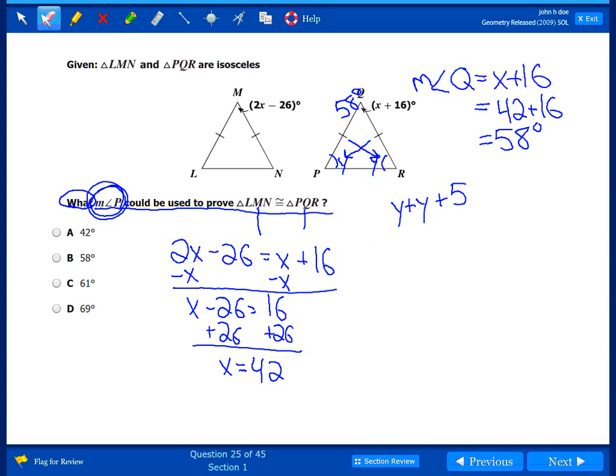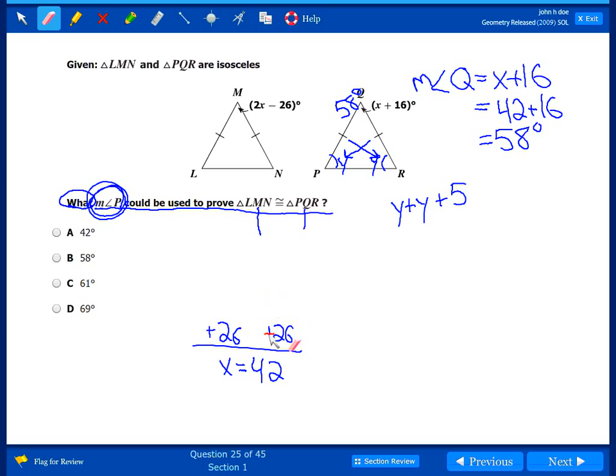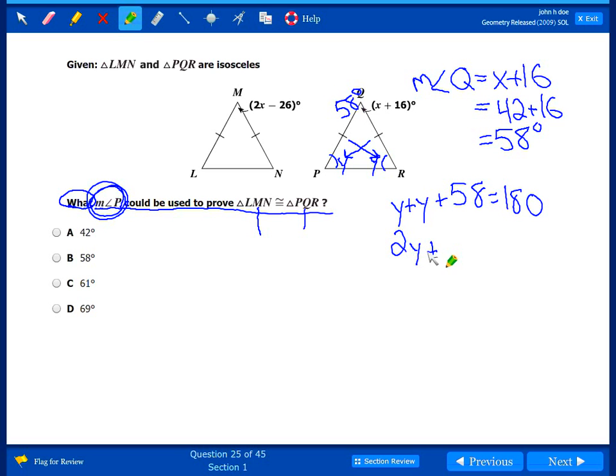I need to erase some lines, so I'm going to erase this work. Just bear with me for a few seconds. So 2y plus 58 is equal to 180.